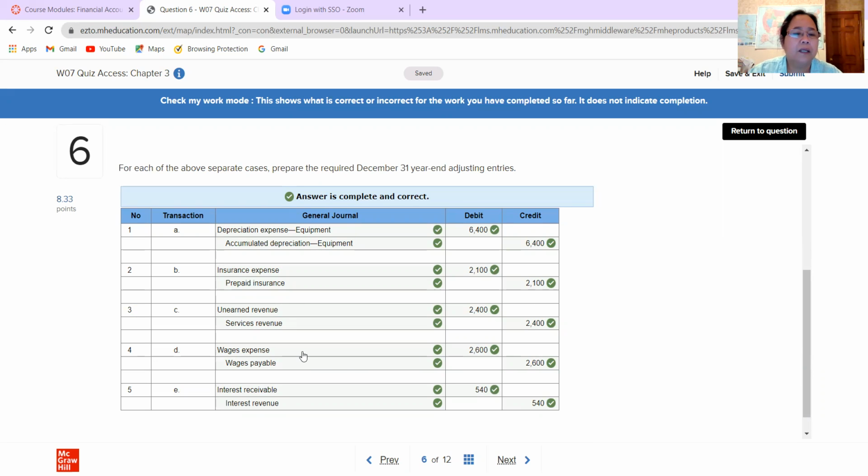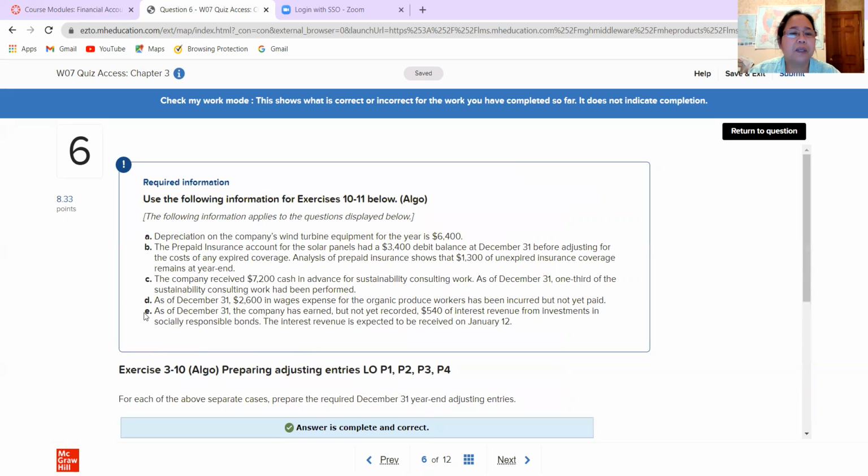Number 5, transaction E, as of December 31st, the company has earned but not yet recorded 540 of interest revenue from investment and socially responsible bonds. The interest revenue is expected to be received on January 12.